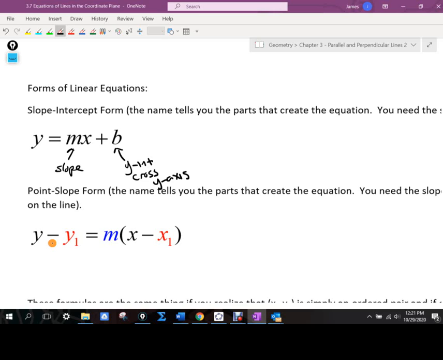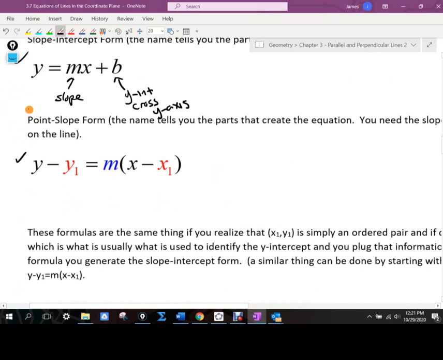Okay, that's point slope, and a lot of textbooks actually show this after y equals mx plus b, but I think it's a little bit more intelligent to learn this one first and then learn this one. Okay, and I'll show you the reason why.